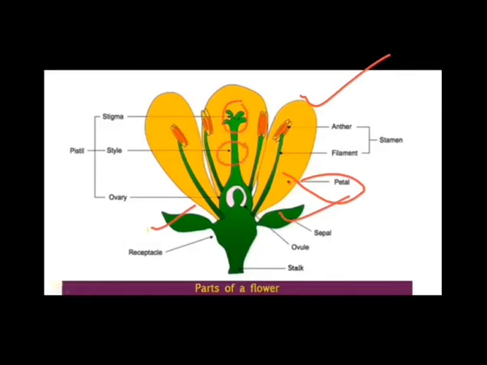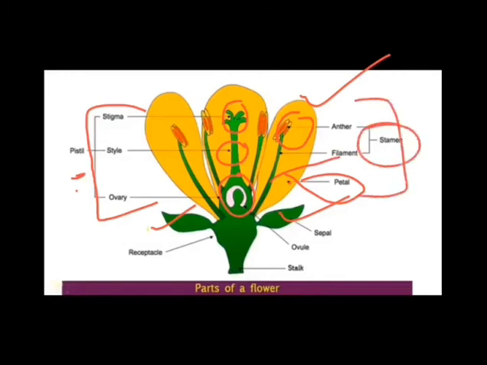This part is the anther, this is the filament, and both these parts together are known as the stamen. This part is the ovule, this is the stalk, and this part is the receptacle. So this is the structure of a flower, or the parts of a flower. This is all about the parts of a flower. Now let's move forward.